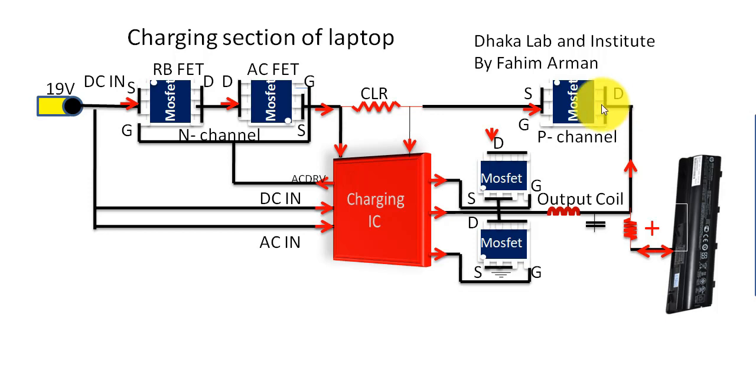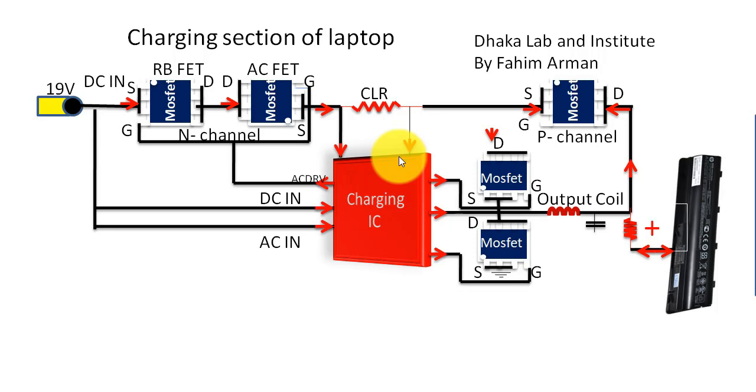From the drain the voltage will pass to the source point, and it will enter into the side of the CLR, and as usual the CLR will give the sense to the charging IC, and the voltage will also enter into the charging IC and other parts.